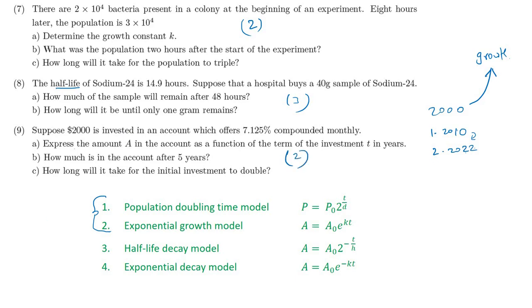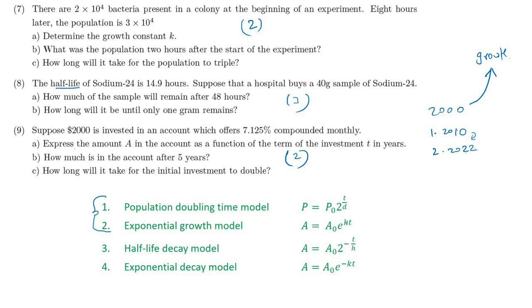Number 2. So express the amount A in the account as a function. This is the model you want to write. How much is in the account after 5 years? After 5 years means t equal to 5. Sorry, really sorry, it is not the population doubling model, it is exponential growth. This formula we want to use. So here t value is 5, rate is also given.